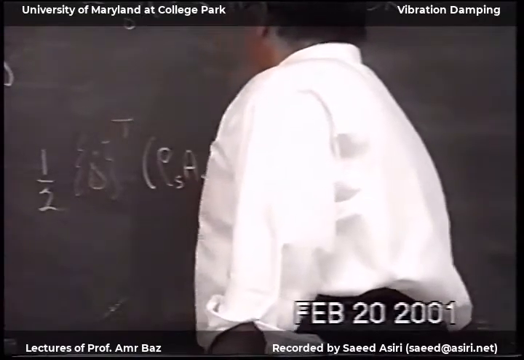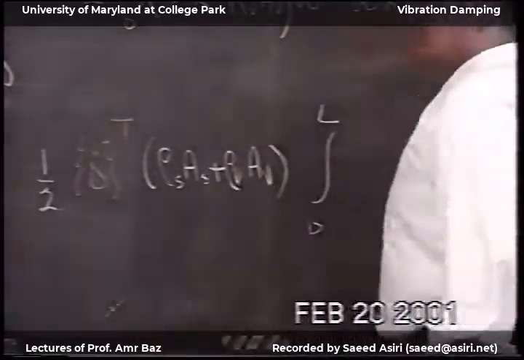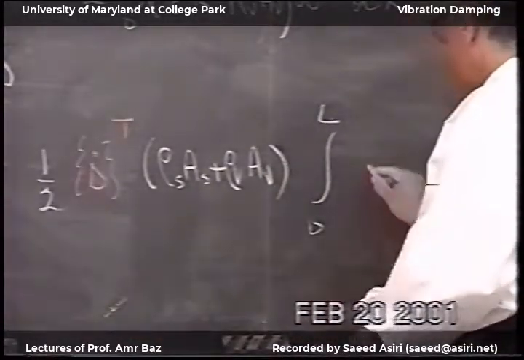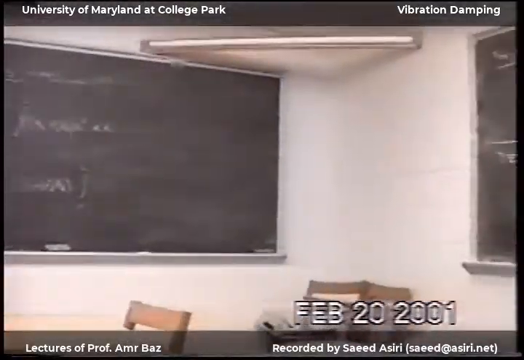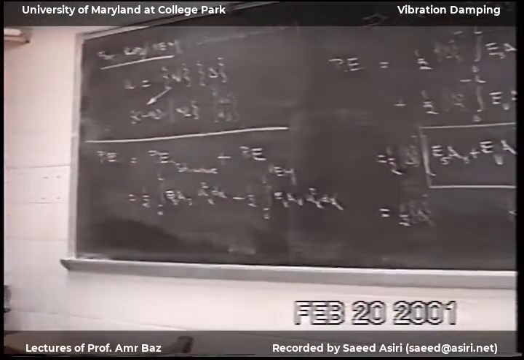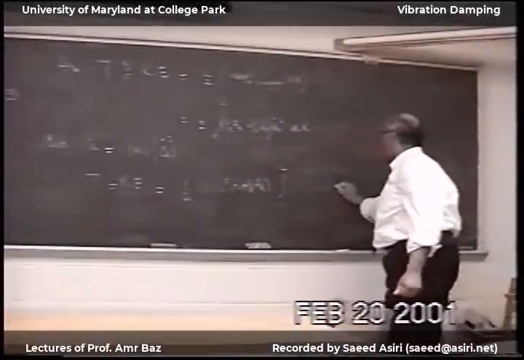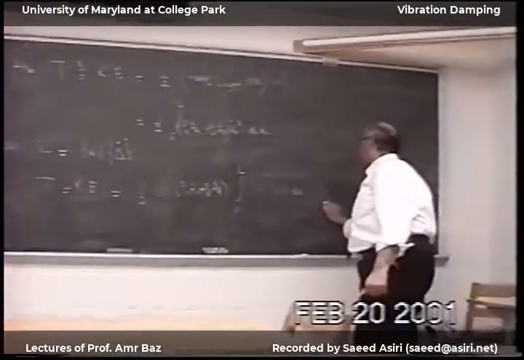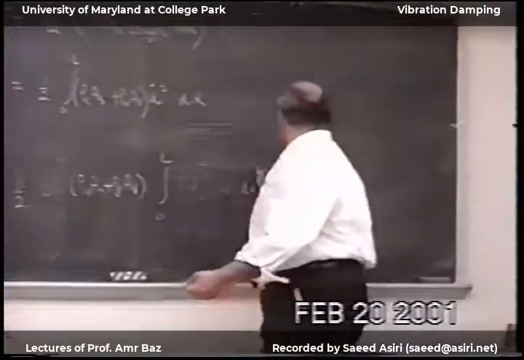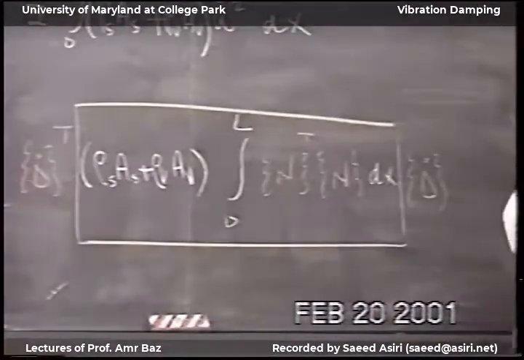Rho S AS, rho V AV, and the inside will be N, not N of x, transpose N dx, and then delta dot. And this will be my mass matrix of the composite.